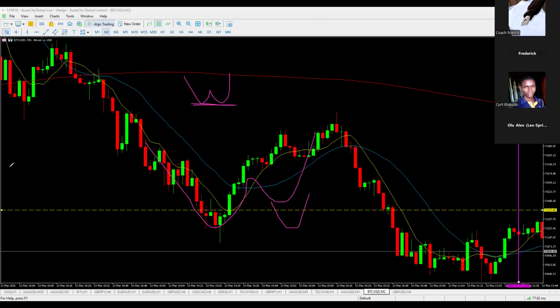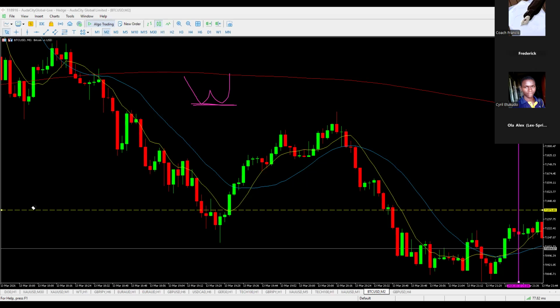So would I have taken this one? No, I would not have taken this one, because when we have the fast one crossing the slow one, I want it to be close enough.